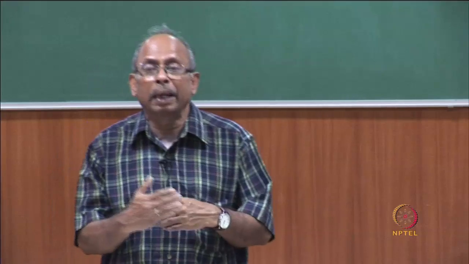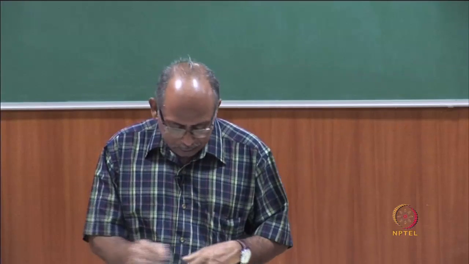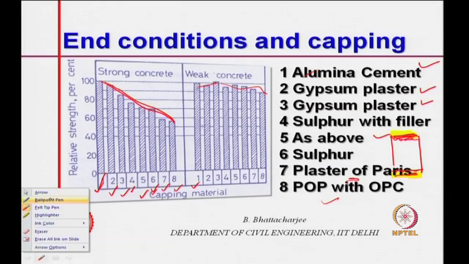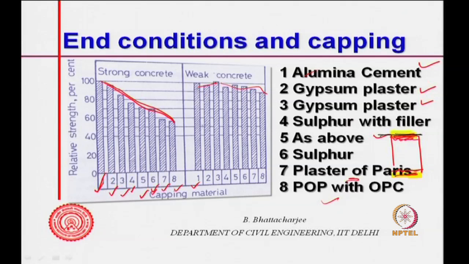Normally, if you do not have a capping, the machine plates come straight into contact with the top and bottom, which are usually steel.